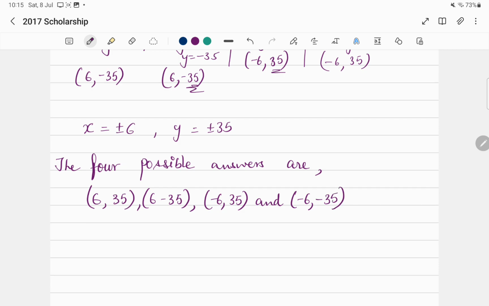When we substitute these values back, we will be able to get one of the four equations, and that is the answer. Cool. Have a good day.